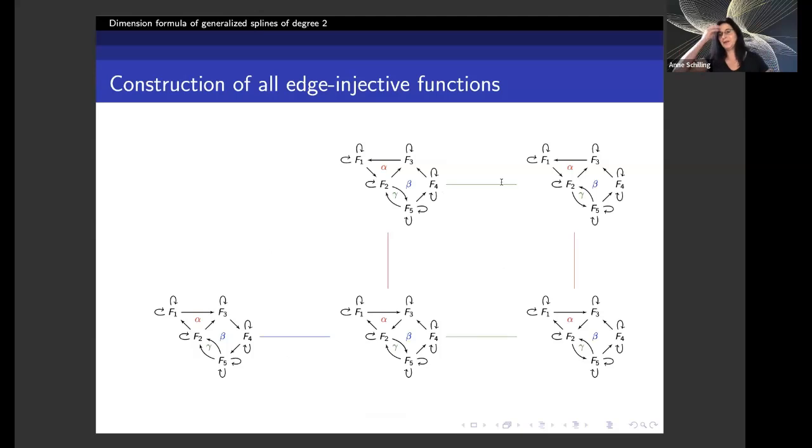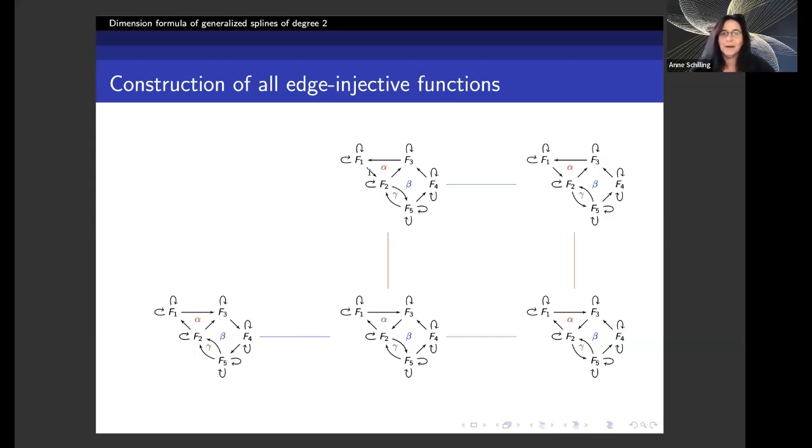And now here's a way to construct all of the edge injective functions for a graph. Basically, you look at the bounded faces of the dual graph, but not the ones for the loops, just the proper ones. I have labeled them here alpha, beta, gamma. So suppose we have an edge injective function. The way that you can get all other ones is by reversing directed cycles.